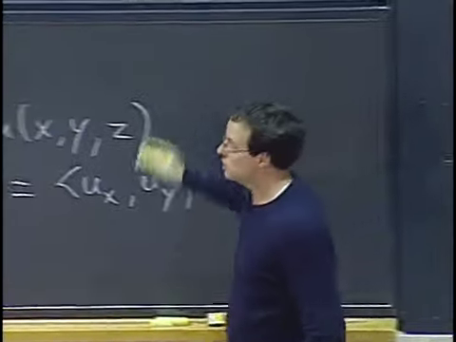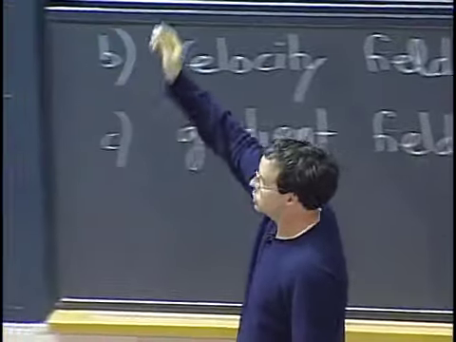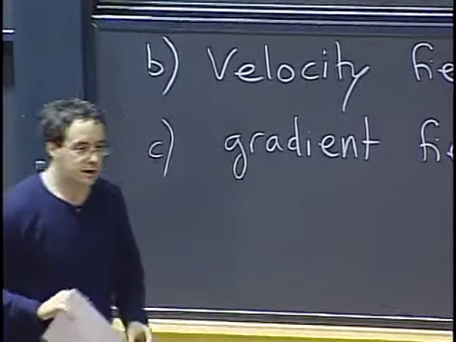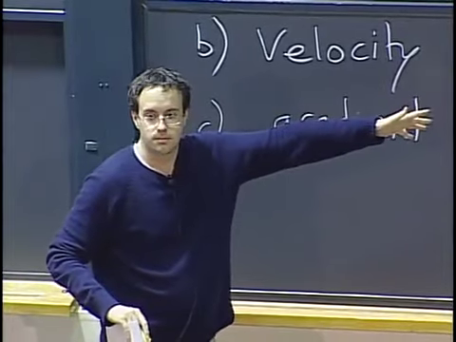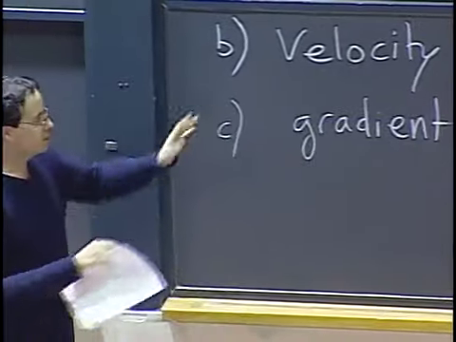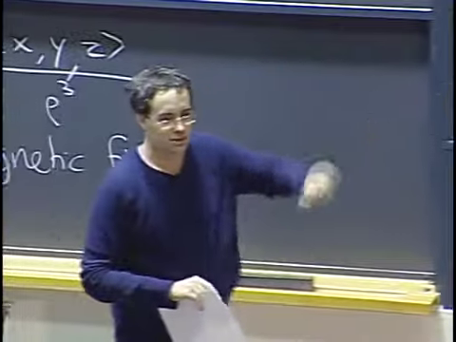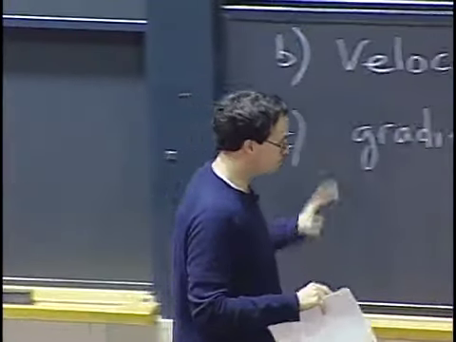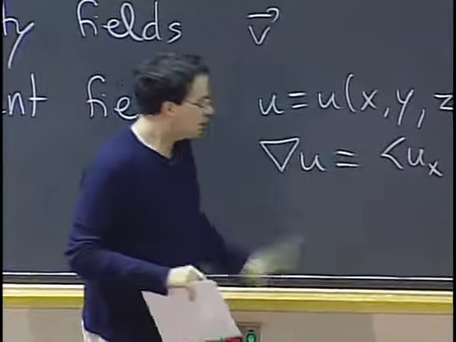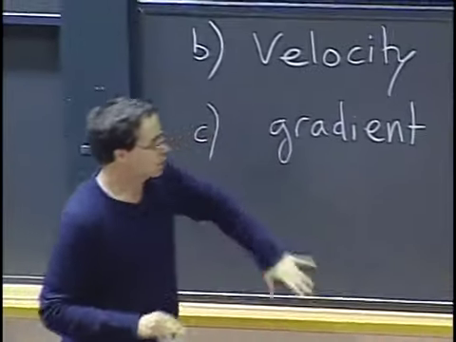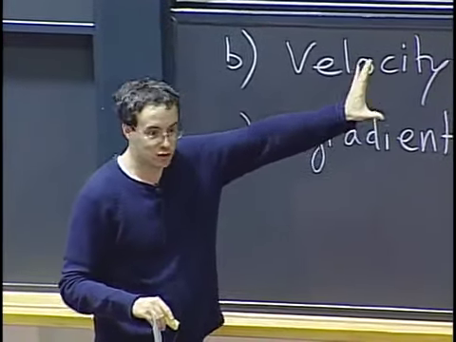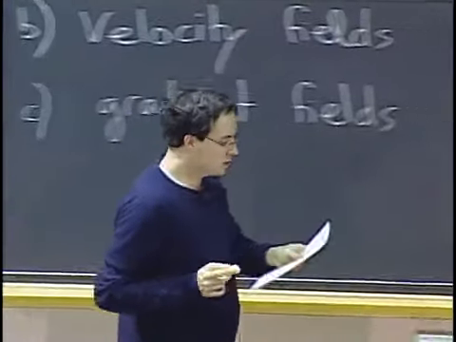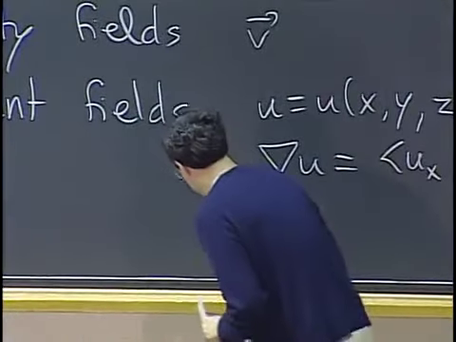For example, the electric field or gravitational field are given by the gradient of the gravitational or electric potential. So, these are not different cases. There's overlap. Okay, so anyway, hopefully you're convinced that you should learn about vector fields. What are we going to do with them? Well, let's start with flux.